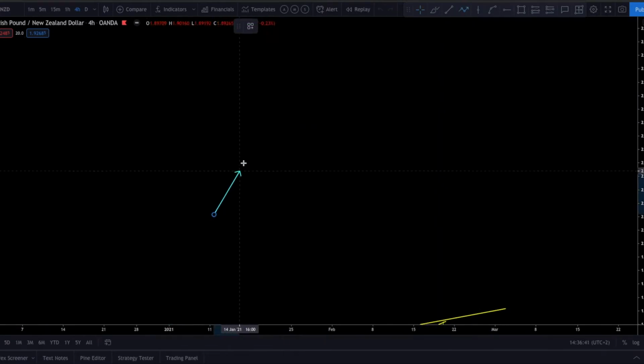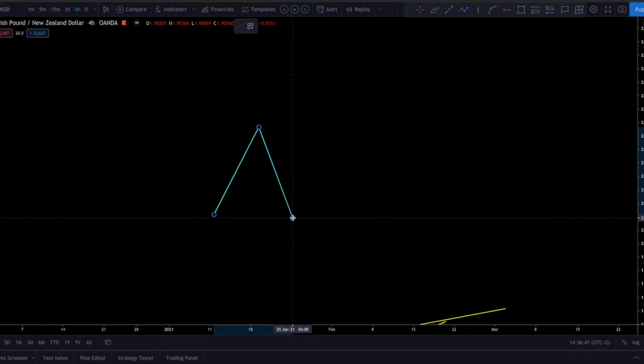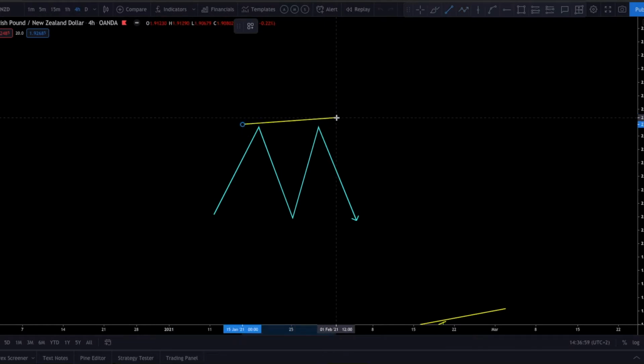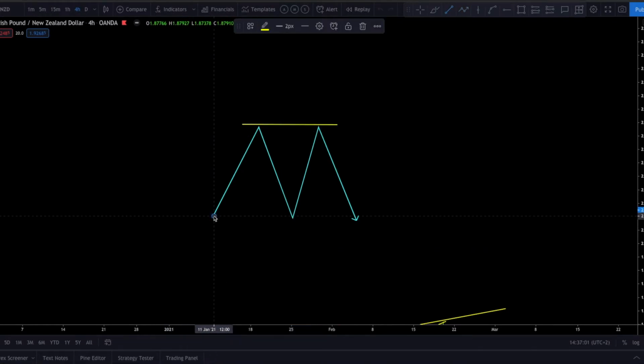So if you get something like this, a market that is going up and it comes down to this level, it goes up to this level, it comes back to this level like this. Maybe these are your trend lines. You get your trend line here, you get your trend line here.